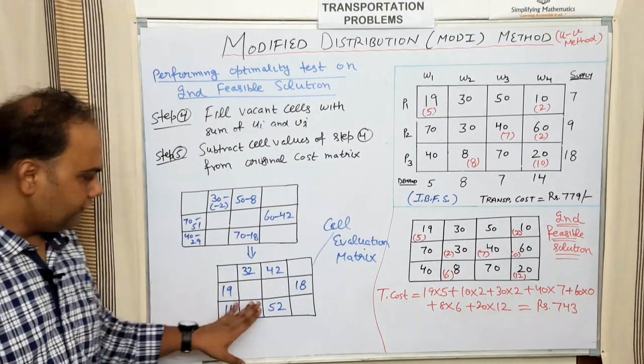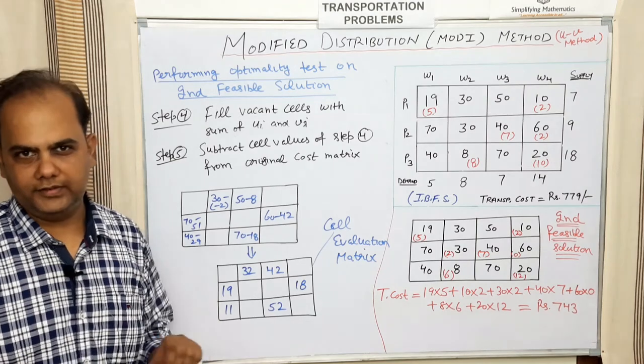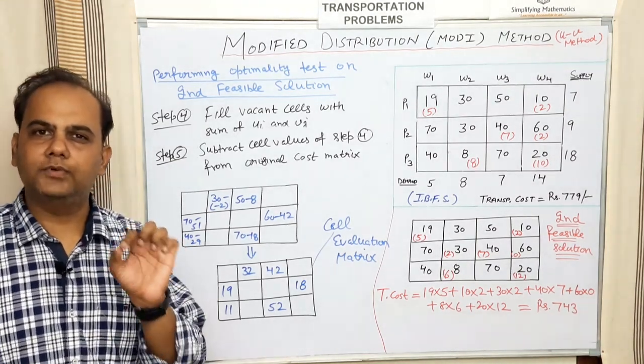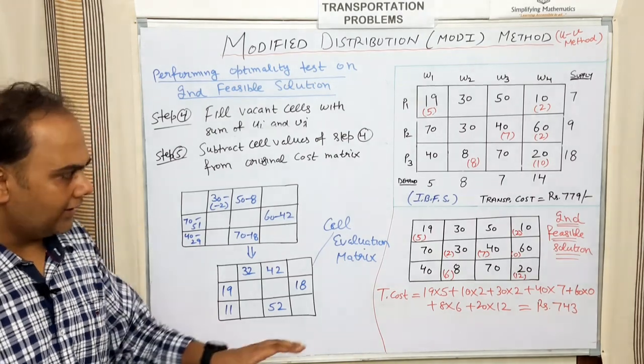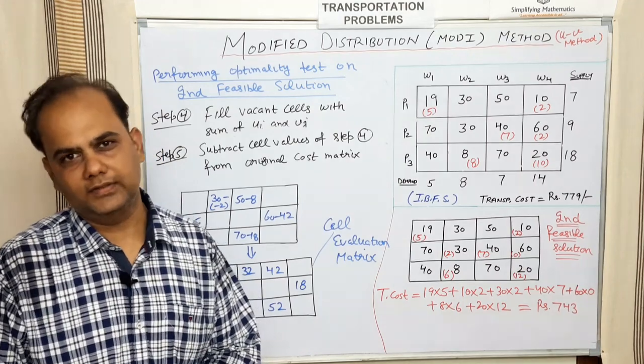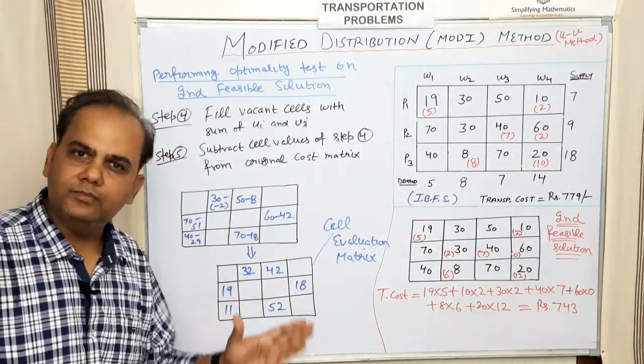Now if all the values in the cell evaluation matrix come out to be positive, meaning there is no negative value, then the optimality test fails and this second feasible solution is the optimal solution. If any negative value came here, then the test would move further.